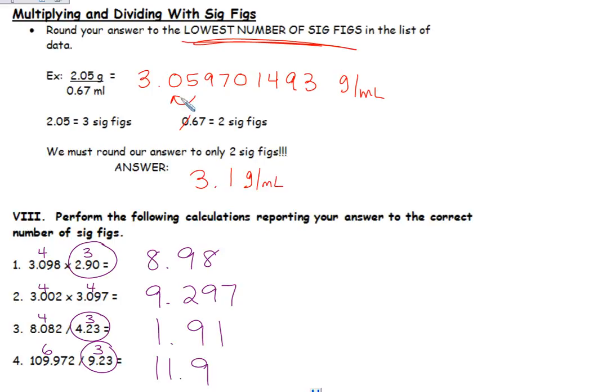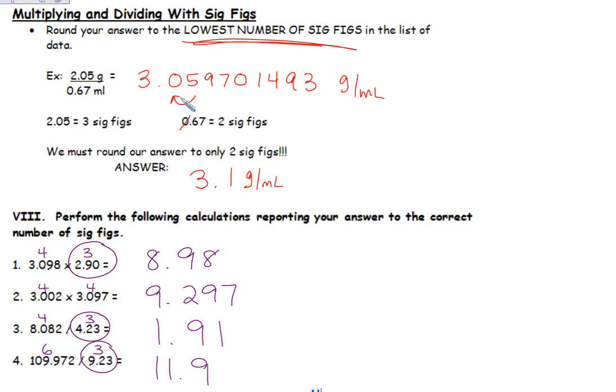So right away in number 2, I've got 4 sig figs times 4 sig figs. I'm going to plug that in my calculator, and I'm going to get a whole bunch of garbage. I only have to leave the first 4 figures. It's nice. It's a good thing. This works with division the exact same way.